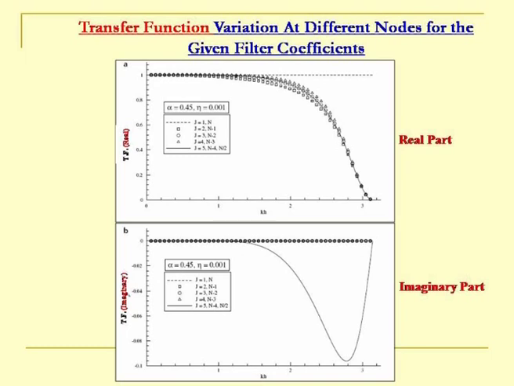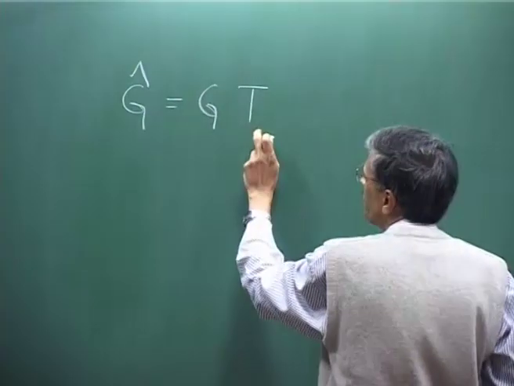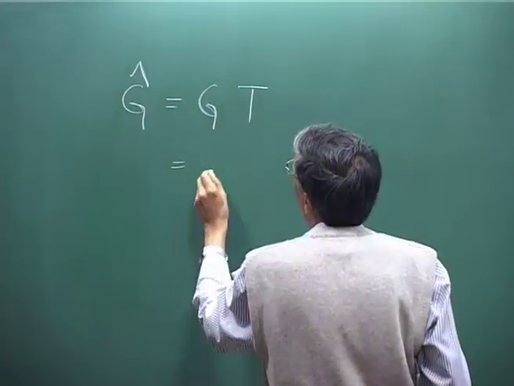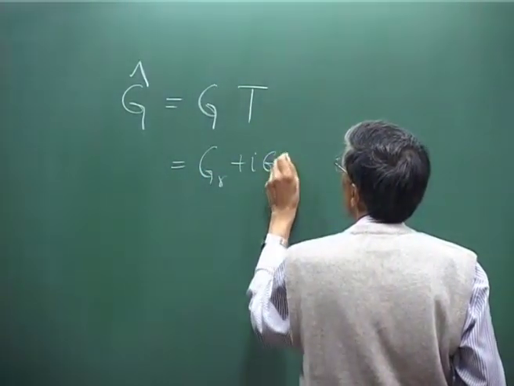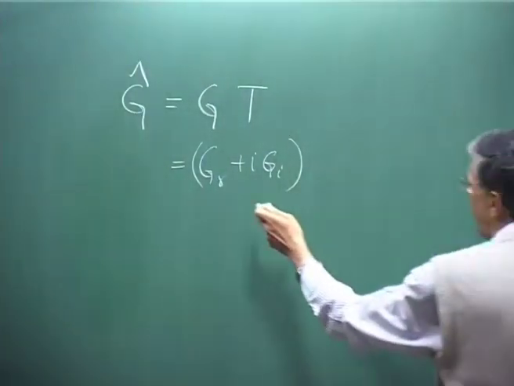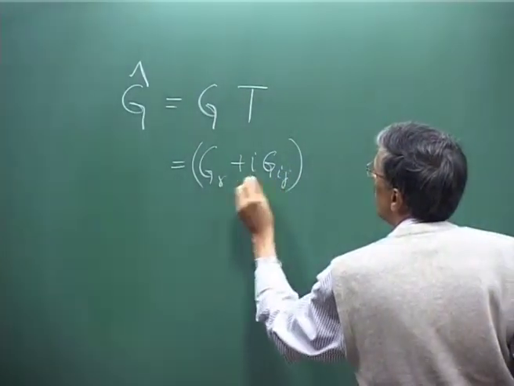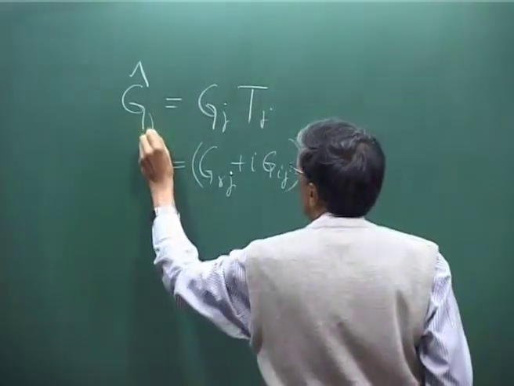If you recall what we said, g hat is g times T. Now, G of the basic numerical method will be complex, so it has a real part and an imaginary part, and let us say we are looking at a particular node, the jth node.